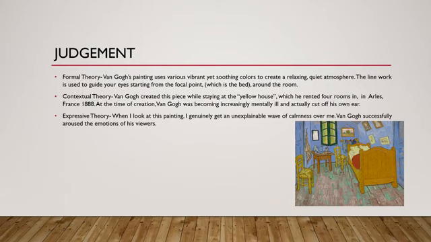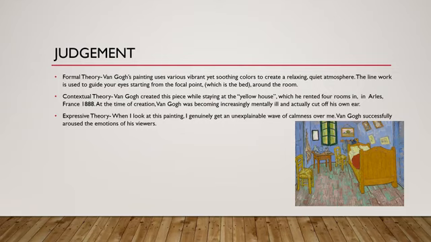At the time of creation, Van Gogh was becoming increasingly mentally ill, which led him to actually cutting his own ear off, and he actually needed to be hospitalized shortly after this painting, which leads me to believe that the calmness and comfort he represented in the bedroom was to make up for the loneliness and irritation that he may have felt, and he also may have felt that that was his only escape through this painting.